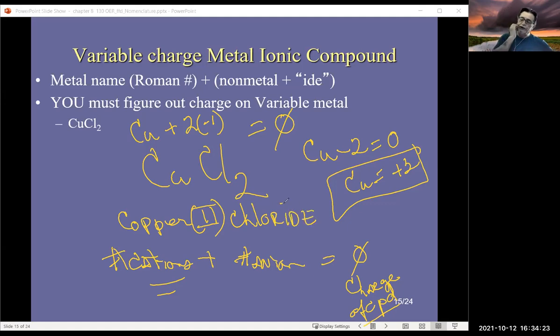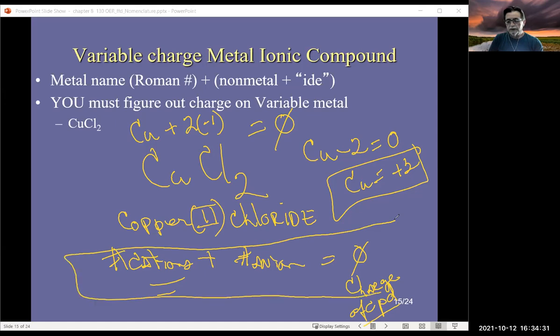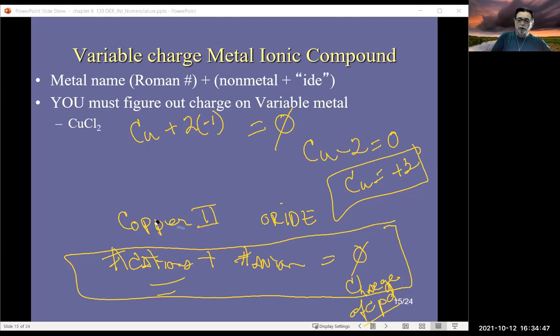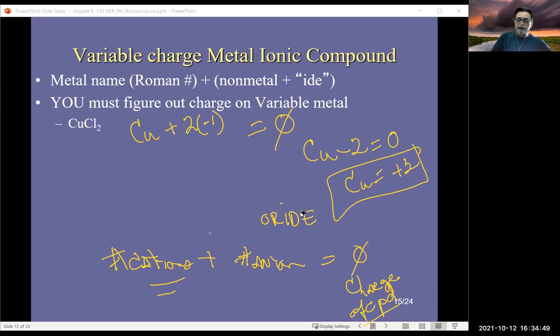See how fairly straightforward it is. You're always going to know, this is an equation of 3 variables, 3 unknowns. You will always know 2 of those 3 unknowns. And here, the charge equals 0. But you could have an example, which you do in the homework, where the molecule itself may not be equal to 0.